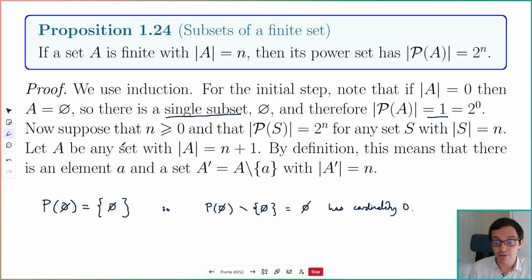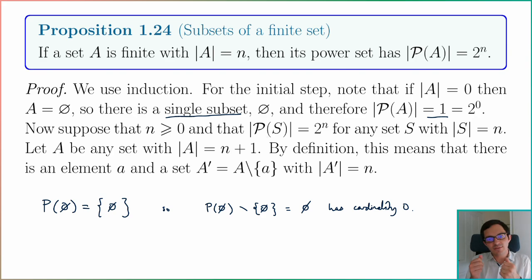Right, suppose that for the inductive step in our proof by induction, n is now greater than or equal to 0, and that we've decided that the power set of S has 2 to the n elements. That's cardinality 2 to the n. And suppose that that's true for any set S with cardinality n.